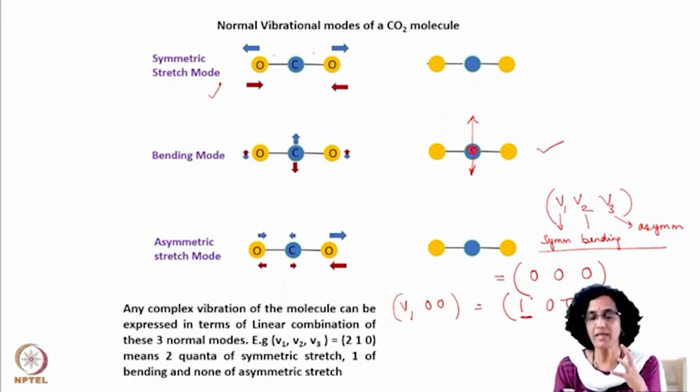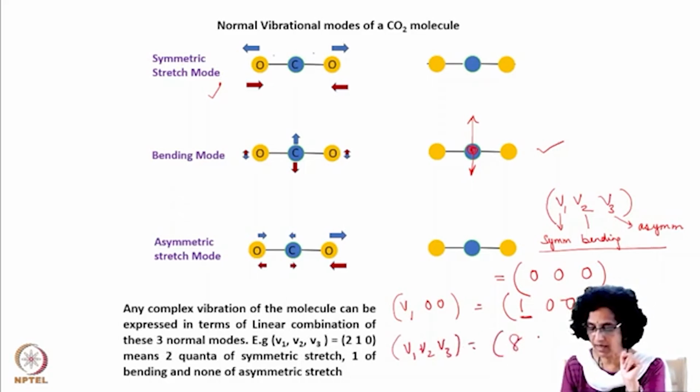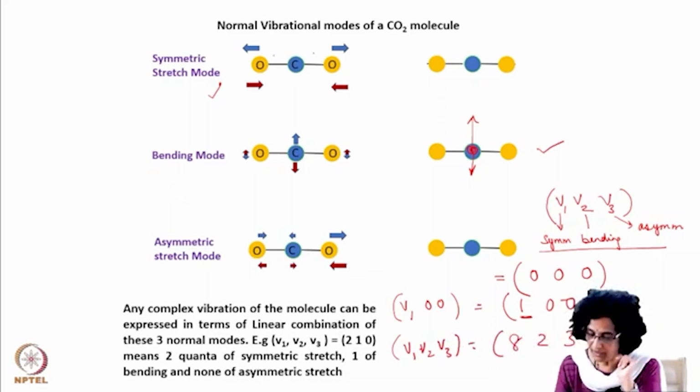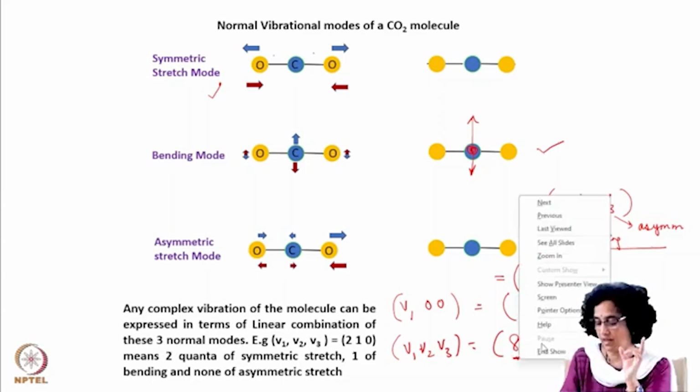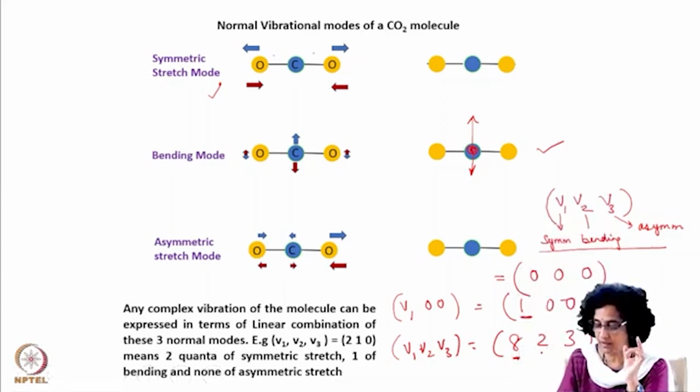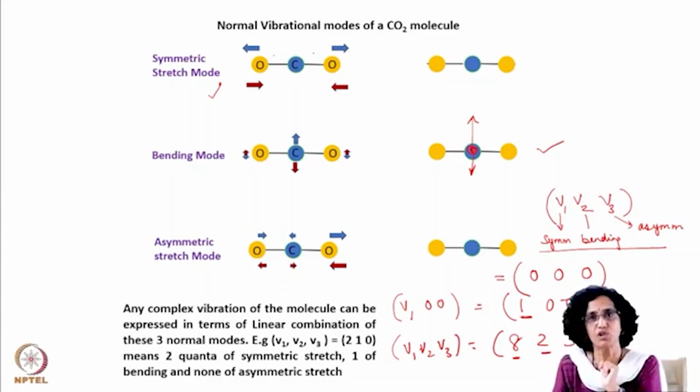So any complex vibration, suppose we say V1, V2, V3 equal to 8, 2, 3. What do we understand from here? We understand that this particular molecule is having 8 quanta of symmetric stretch mode vibration, 2 quanta of bending mode vibrations, and 3 quanta of asymmetric stretch mode.